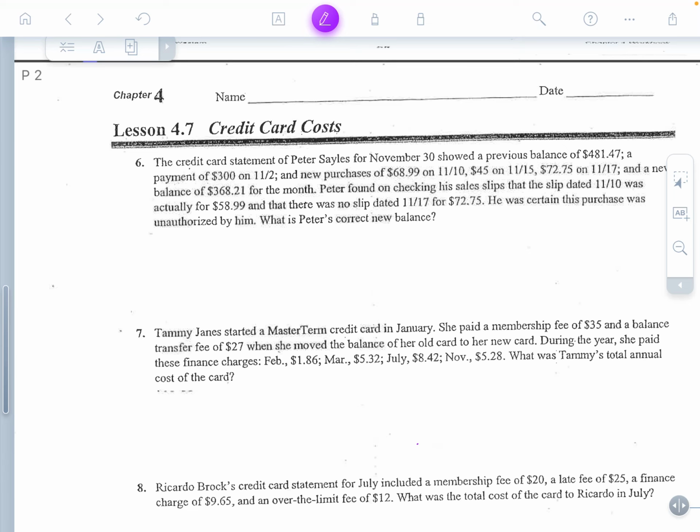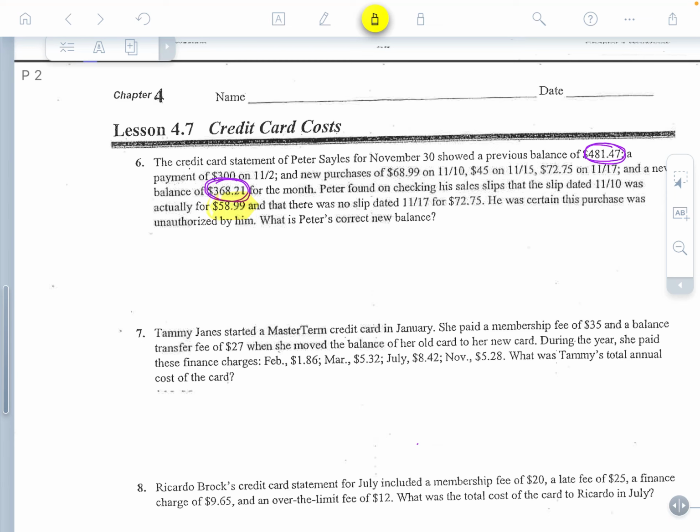Okay, so the credit card statement showed a previous balance of $481.47. So this is probably an important number. And then there was a payment of $300 and new purchases. Okay, so then his new balance was $368.21. Peter found on checking his sales slips that the slip dated 11/10 was actually for $58.99.